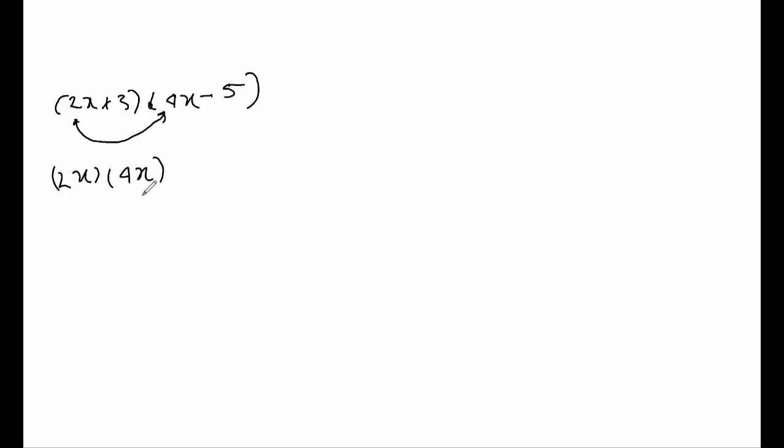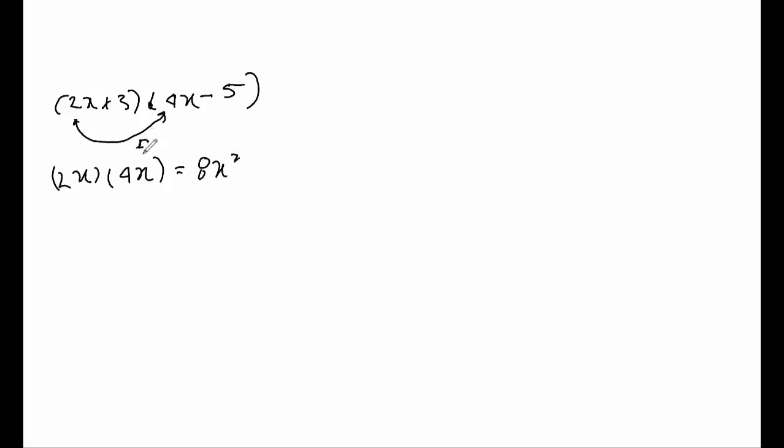So here we have 2x plus 3 times 4x minus 5. So we will do the first, and that's 2x times 4x, and that will give us 8x squared.